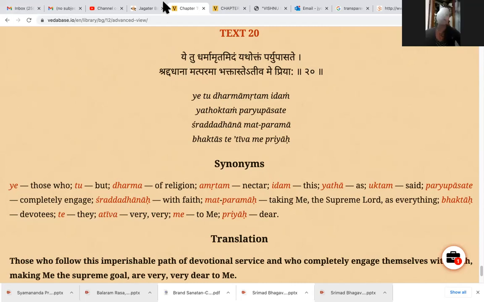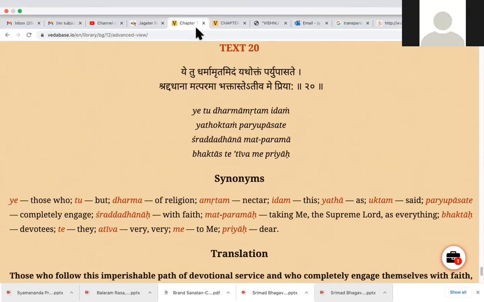Ye tu dharmamritam idam. Ye tu dharmatram idam. Ye tu dharmamritam idam. Ye tu dharmamritam idam. Ye tu dharmamritam idam. Ye tu dharmatram idam. Idam. Ye tu dharmamritam idam.